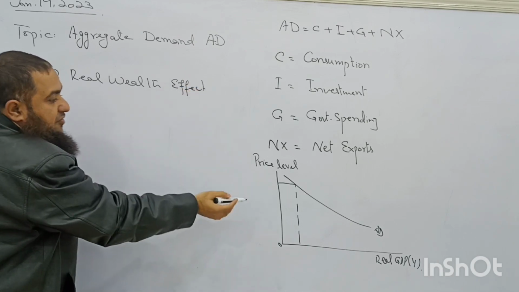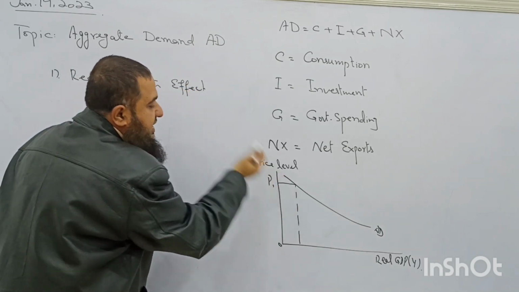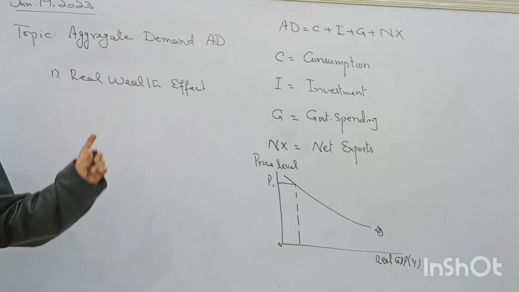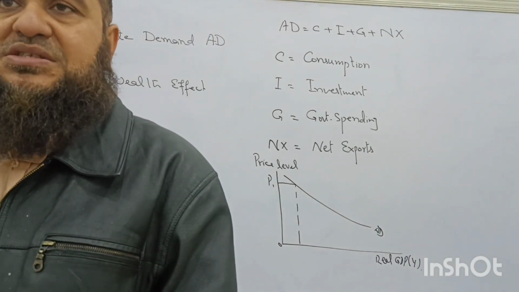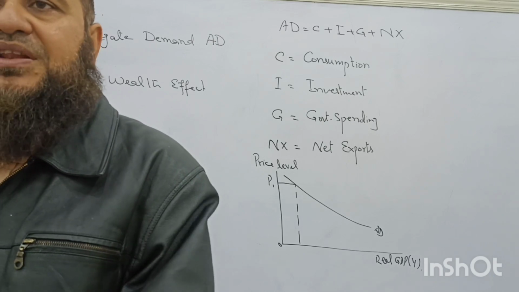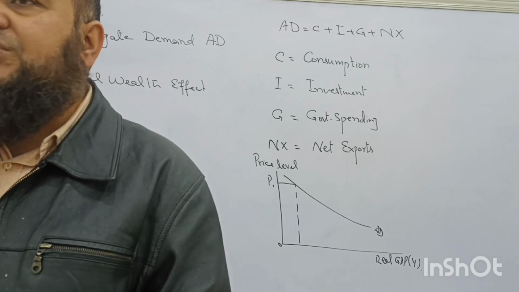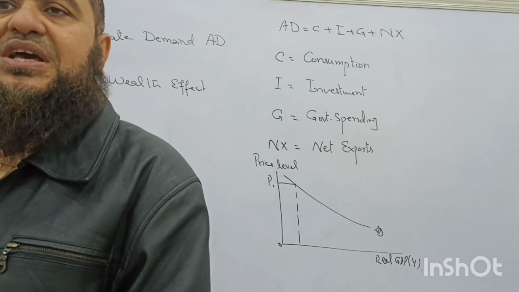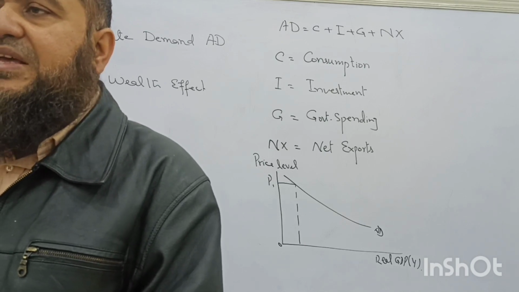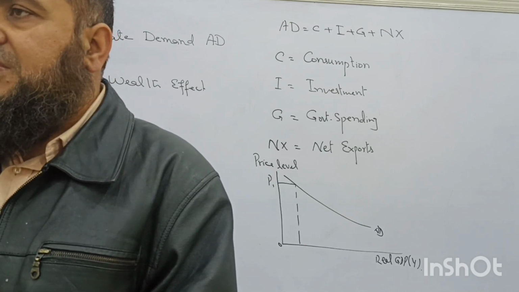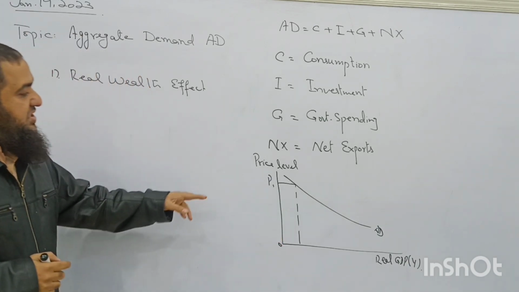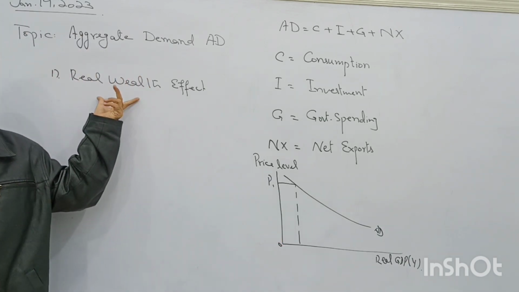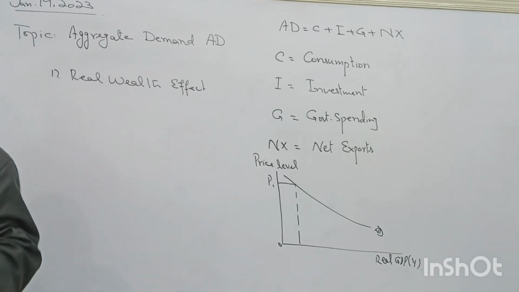I said when prices are increasing, what happens to the real wealth of people in a country? That will decrease, and they will not be willing to buy more goods and services because their real earnings have gone down. That's why people are demanding fewer goods due to the increasing general price level and their decreasing real wealth.